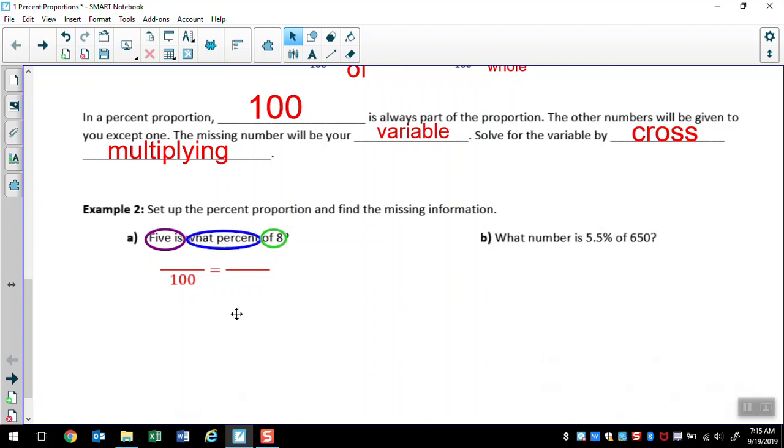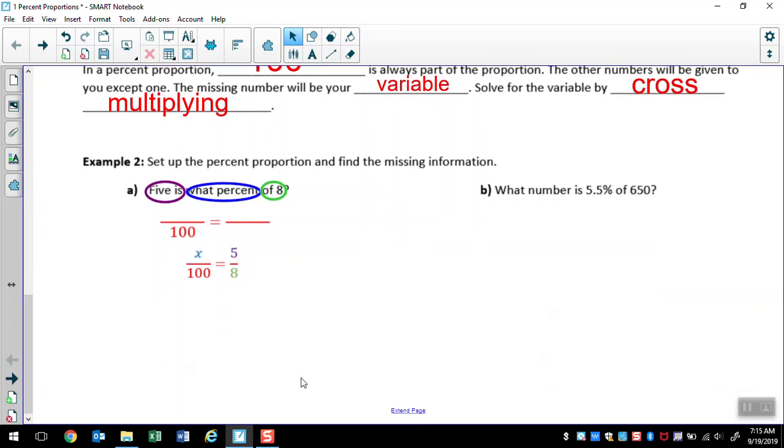We don't know what percent. All right, so let's fill all this into our proportion. Should look like this. So we've got an x over 100 because we don't know what our percent is. My is was 5. My of was 8, because it said of 8. I put that in, and now we can work on solving.